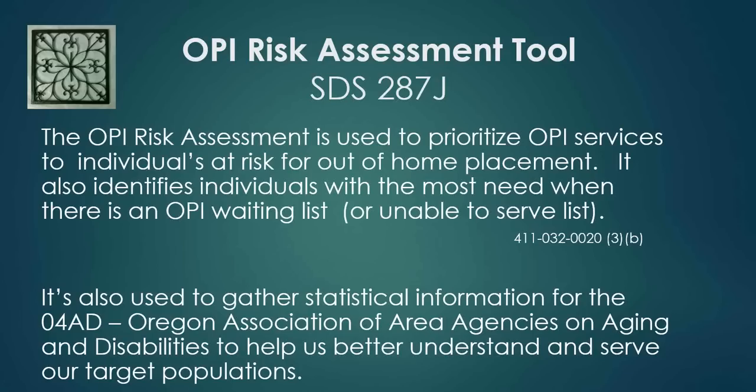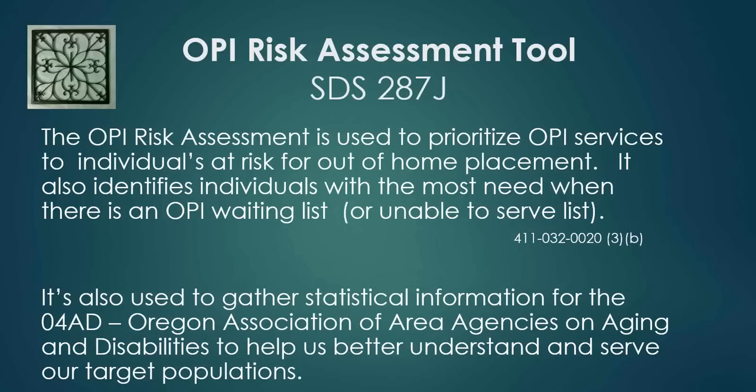This tool is really used to prioritize OPI services for individuals that are at risk of being placed in any kind of community-based care facilities. One of the main goals of OPI is to keep people in their own homes and to provide them services there, so that they don't have to move out of their home into community-based care.